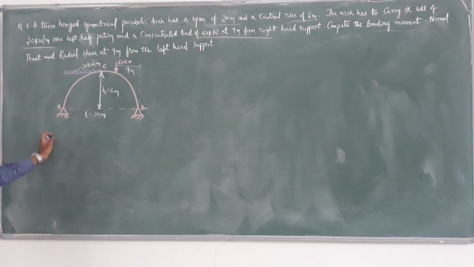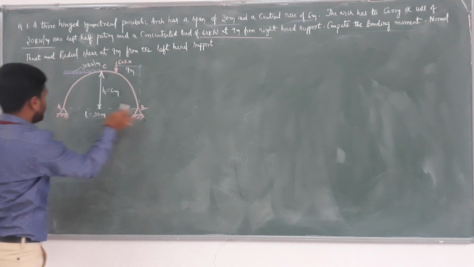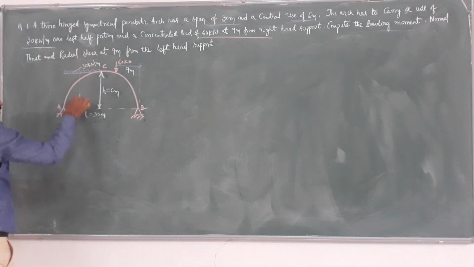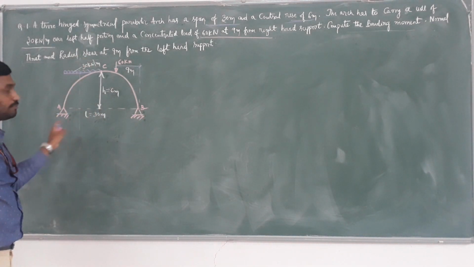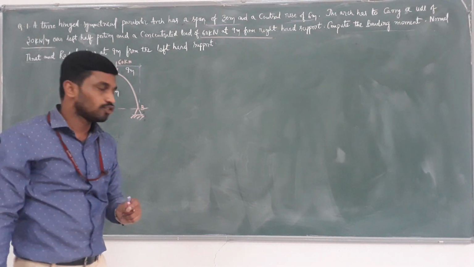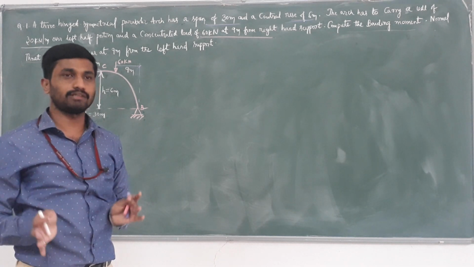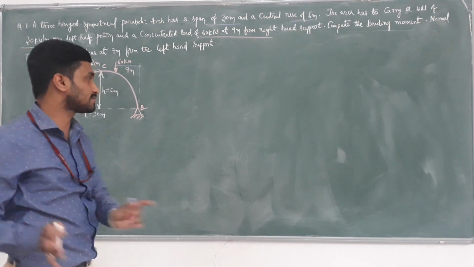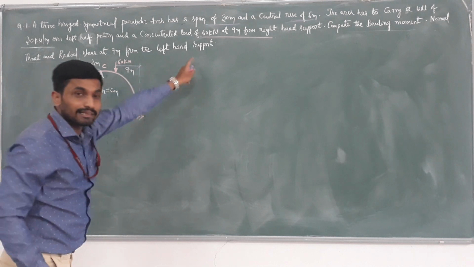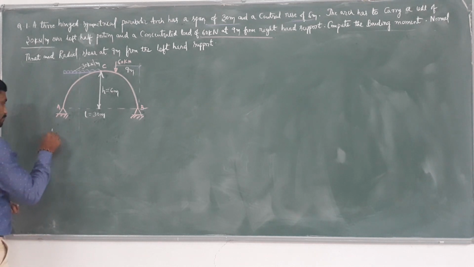The ultimate aim of the problem is to determine bending moment, radial shear and normal thrust 9 meter from the left hand support. We will go step by step.